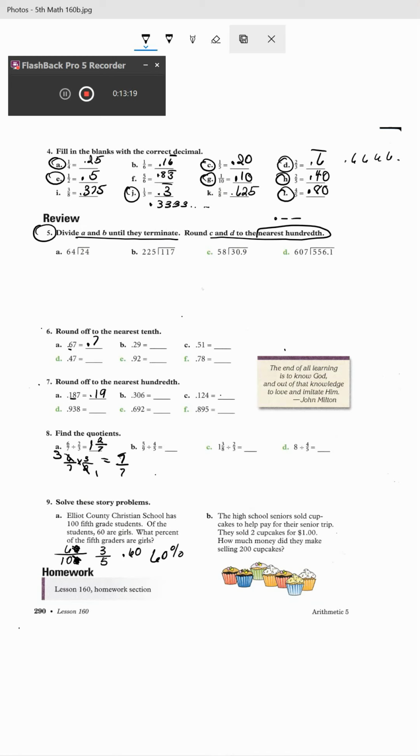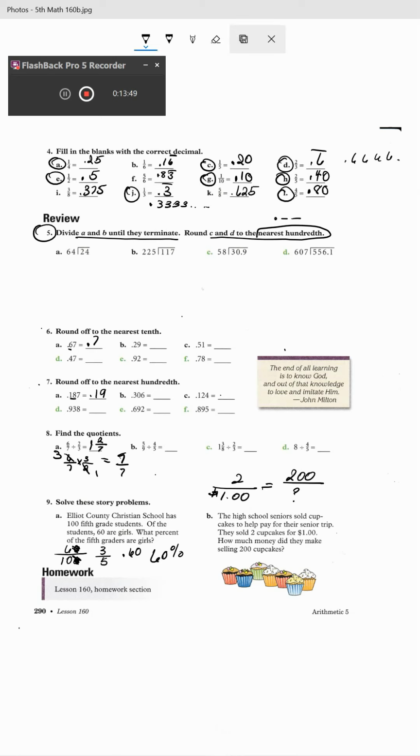The high school seniors sold cupcakes to help pay for their senior trip. They sold 2 cupcakes for $1. How much money did they make if they sold 200 cupcakes? So I like to make a little what we call a ratio or proportion problem here. 2 cupcakes for $1 is the same as 200 cupcakes for how much?